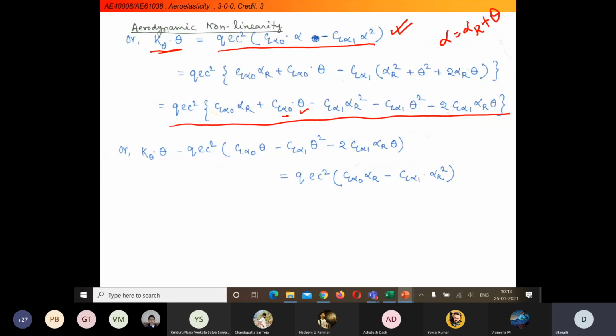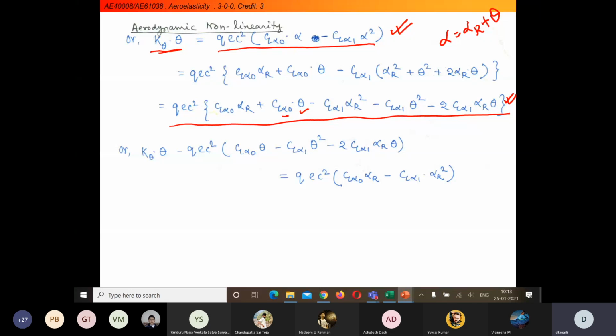So if you look here, the earlier equation, due to the consideration of this nonlinearity in the aerodynamic theory, becomes an equation containing different terms, basically the quadratic term, linear term, and the constant term. Rearranging this equation, we take all theta terms to the left hand side, and the right hand side will have only terms related to alpha r.